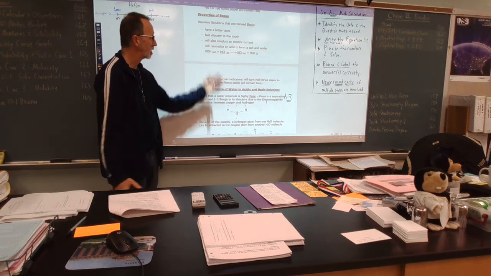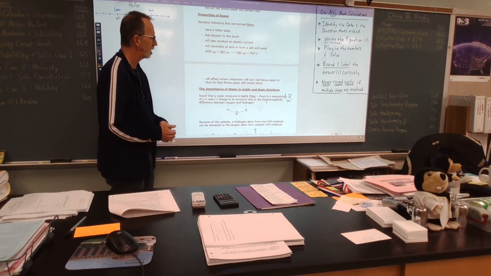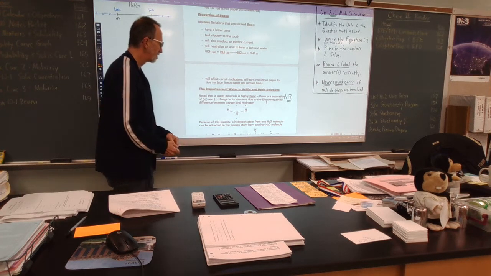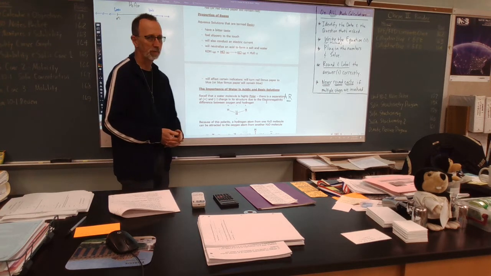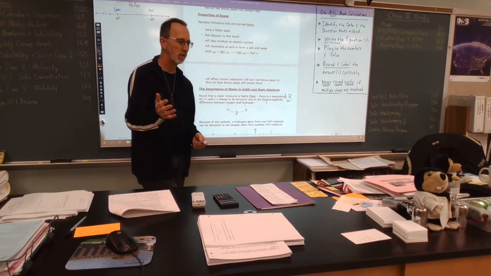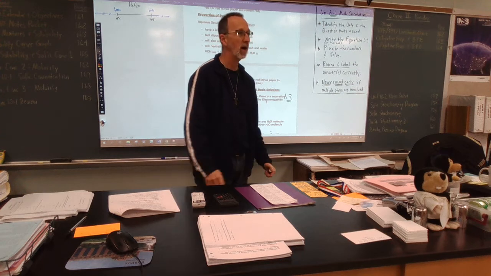It's also an electrolyte, so it'll conduct an electric current. It will neutralize an acid in an acid-base neutralization reaction, and will affect certain indicators: it will turn red litmus paper to blue, or blue litmus paper will remain blue. You might remember too, we had a lab not too long ago. Oh, I know what it was.